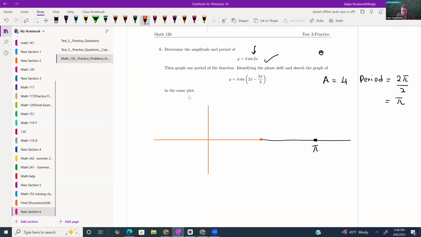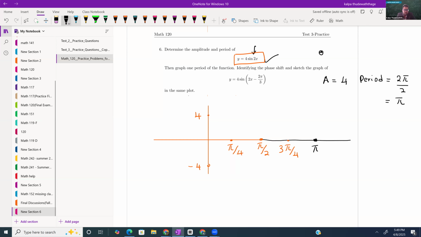I always mention it. So you divide the period into 4 pieces. It becomes pi over 4. These are the turning points, where your graph changes. Because each pi over 4 is kind of a quadrant, like 1 quarter. So it goes up to 4 here, down to -4.